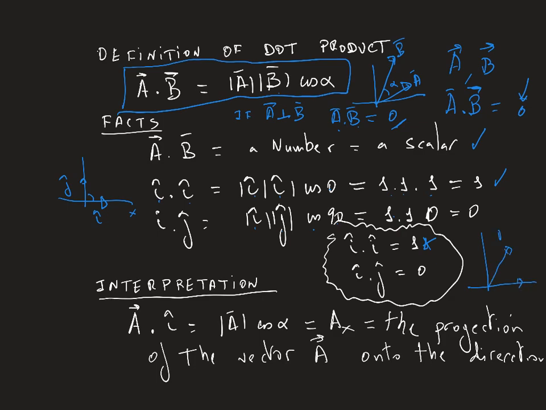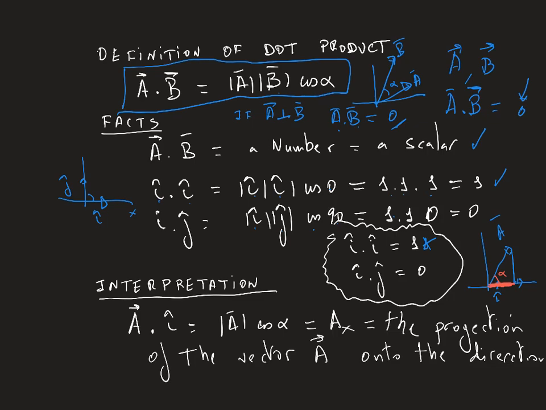So this is A, okay, this is I, and this is the angle alpha. The magnitude of A cosine of alpha is this distance, the projection of A over the direction of the line I.